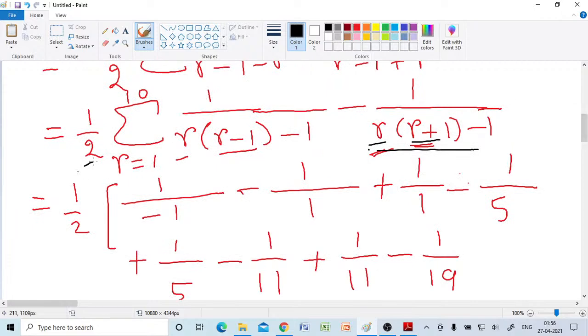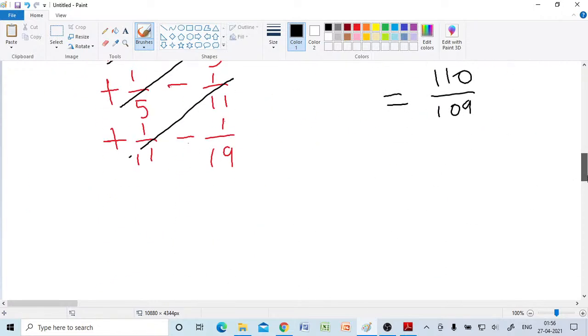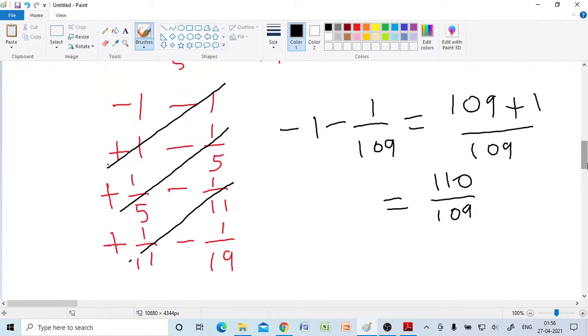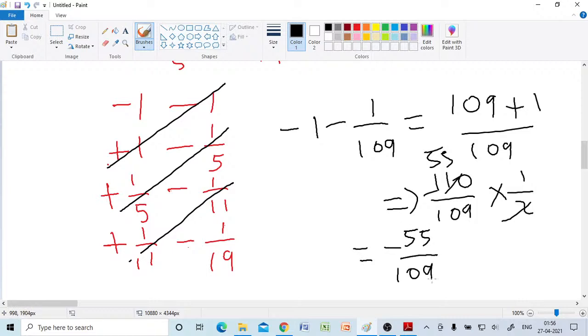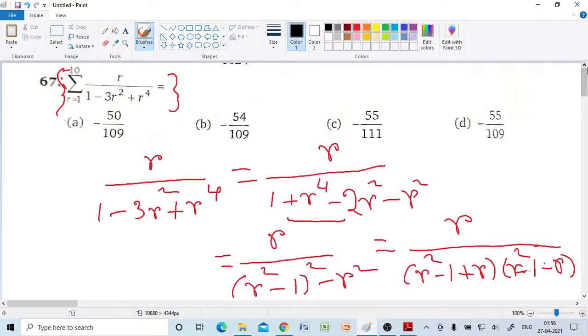So if we multiply that half with the final term, then this will be 55. This minus sign is obviously there, so it is something minus 55 over 109. Okay, cool. Okay, so this is the correct answer.